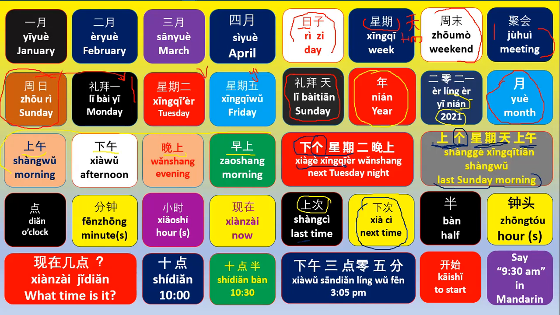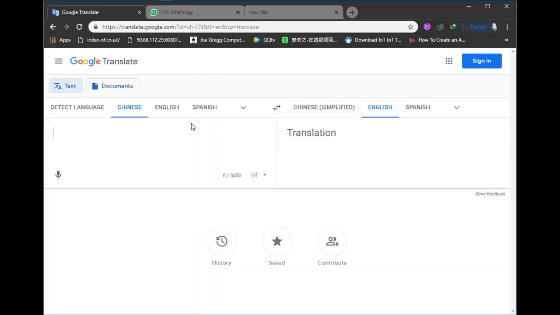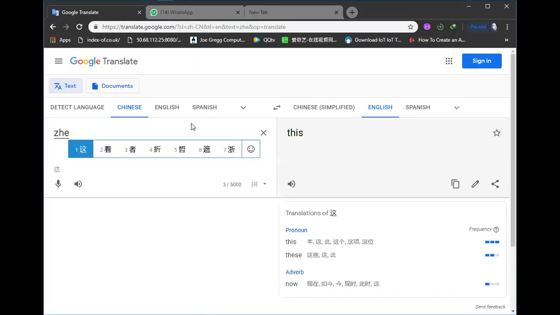We know the word for this, so let's hear this week. Who remembers the word for this? 这.